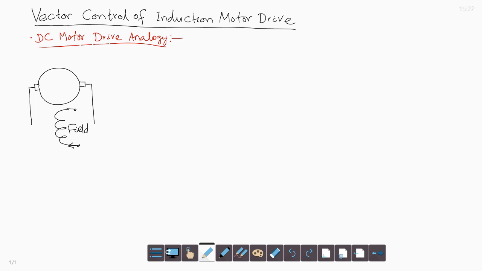which carries the current I f, the field current is I f, and the armature carries the current I a. As you know, the distributed armature winding is equivalent to a concentrated winding between the brushes.